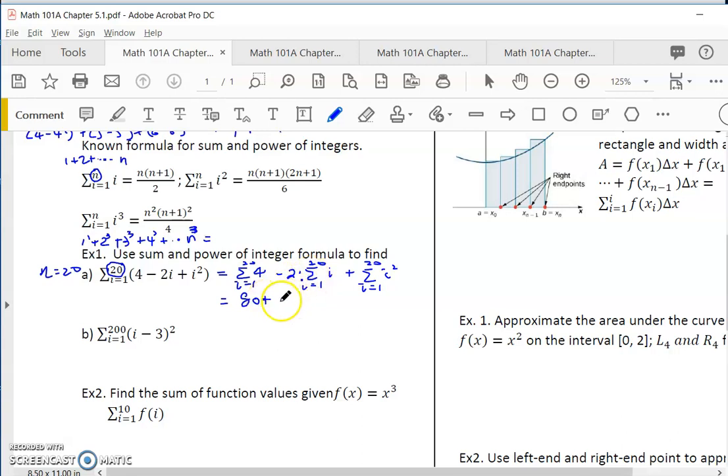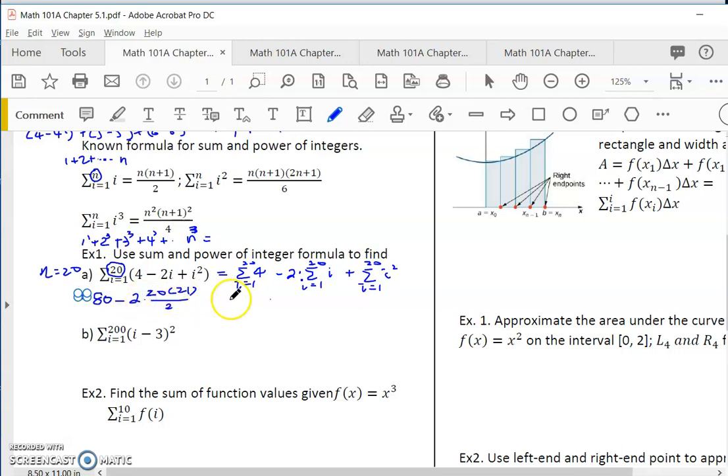Plus, what do I do here? I have to write the formula, right? There's not enough space here, so I'm going to erase this and do it over here. So that's equal to 80 minus 2 times, I'm going to plug in the formula, n is 20, which is sigma i. So this is sigma i, 20 times 21 over 2.